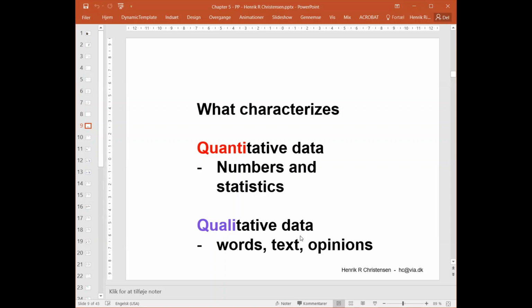And qualitative data is about words. It's about talking to people. It's about what they say. It's about what they have written. It's about their opinions. So we have, you could say, hardcore data up here, quantitative, and we have qualitative data as well, indicating opinions from people.